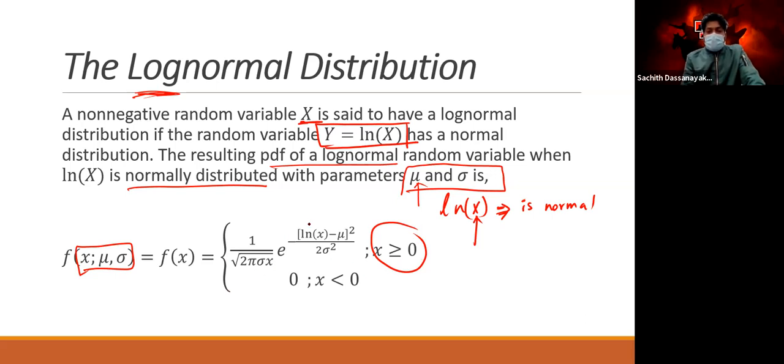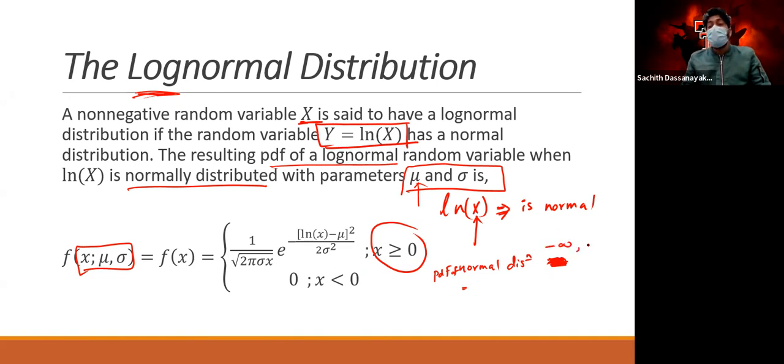If you remember the normal distribution, I can write it here. This is the PDF of the normal distribution. Is it defined for all x greater than 0 or not? Do you remember the range of the normal distribution?